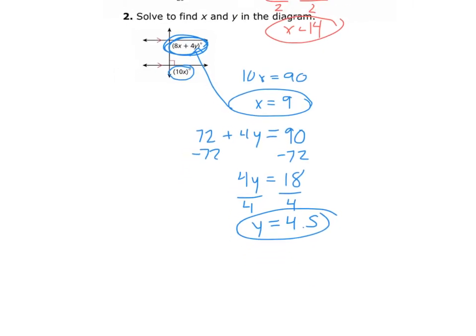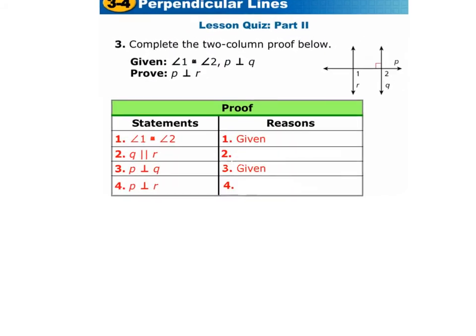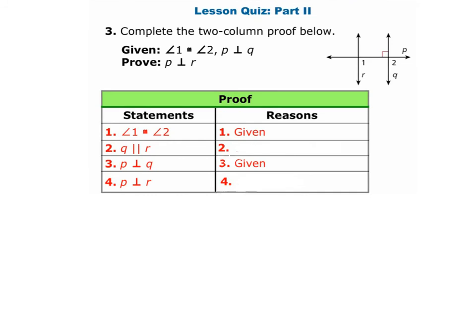So we found x and we found y. Okay, last slide. Complete the 2-column proof below.